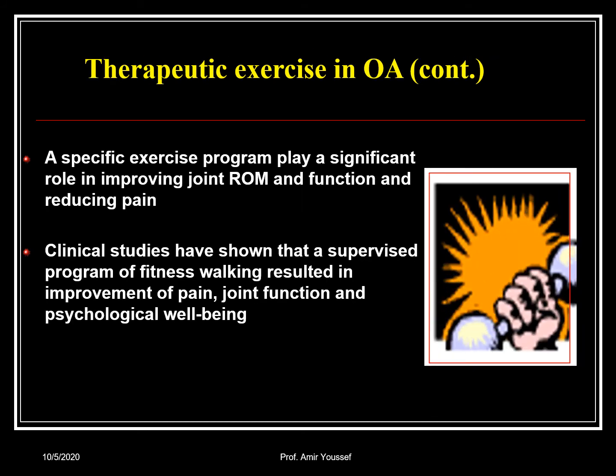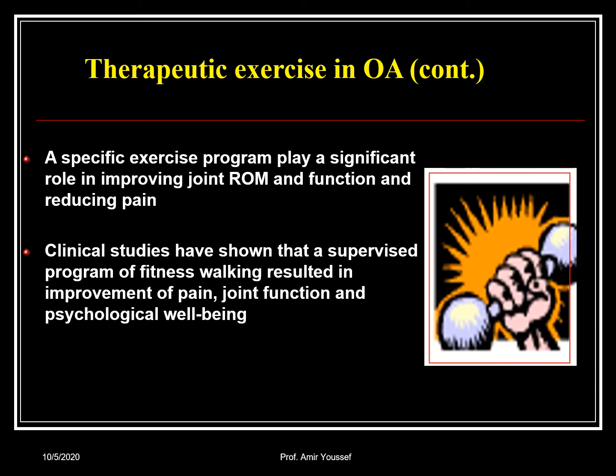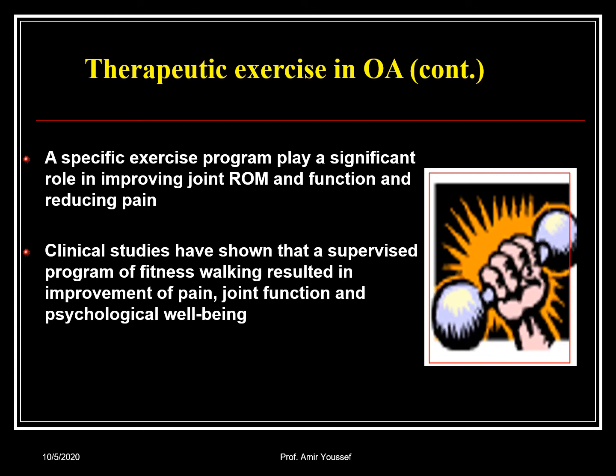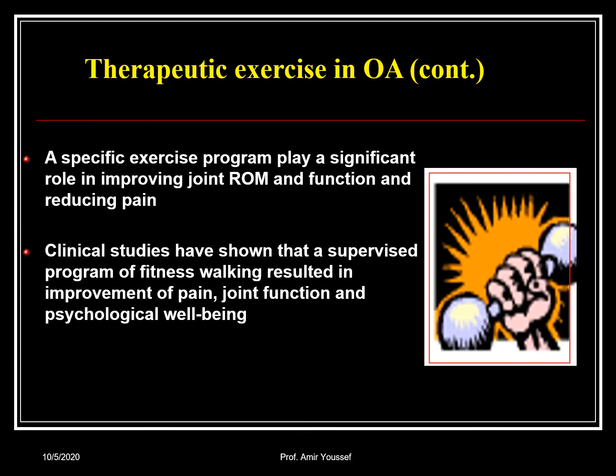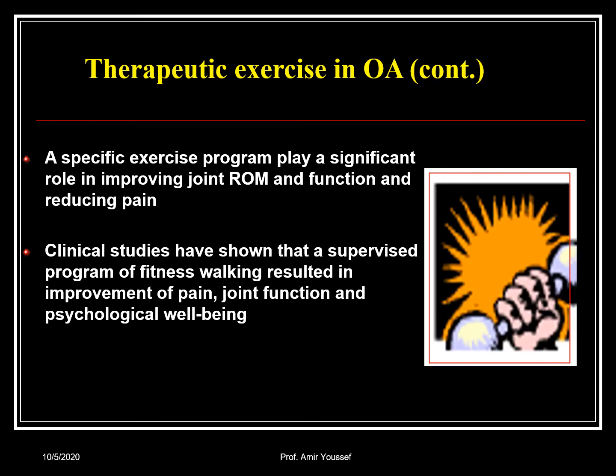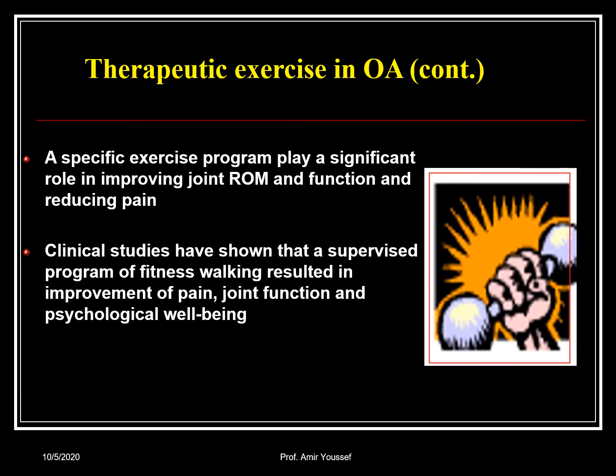A specific exercise program plays a significant role in improving joint range of motion and function and reducing pain. Clinical studies have shown that a supervised program of fitness walking resulted in improvement of pain, joint function, and psychological well-being.